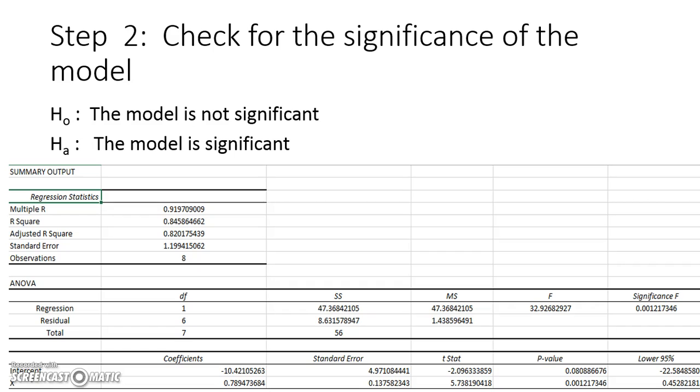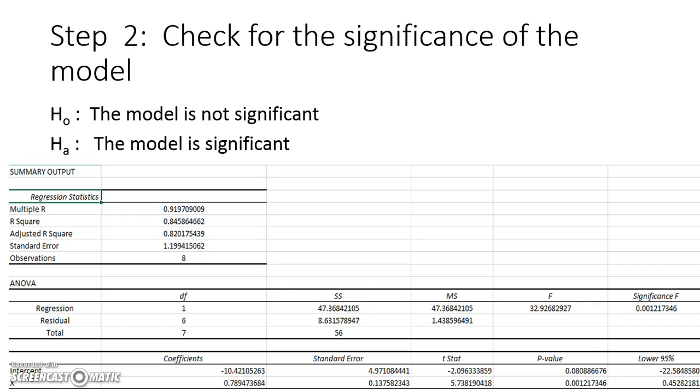As I said, the model is significant when it explains most of the part. That means the regression mean sum of squares should overshadow the residual if the model has to be significant. You will expect a high value of F when the model is significant, compared to the critical value of F which we get from the table.